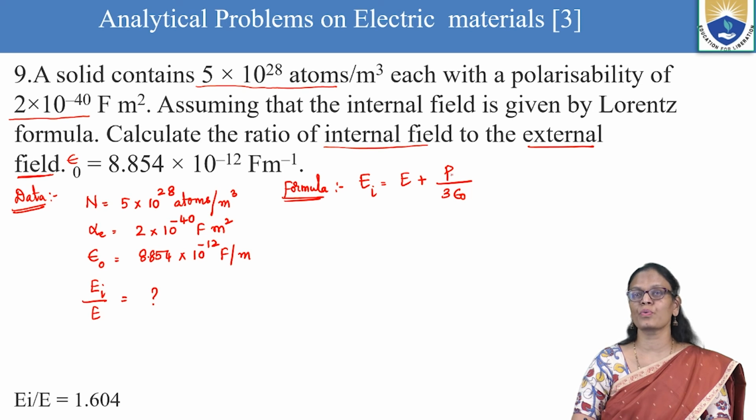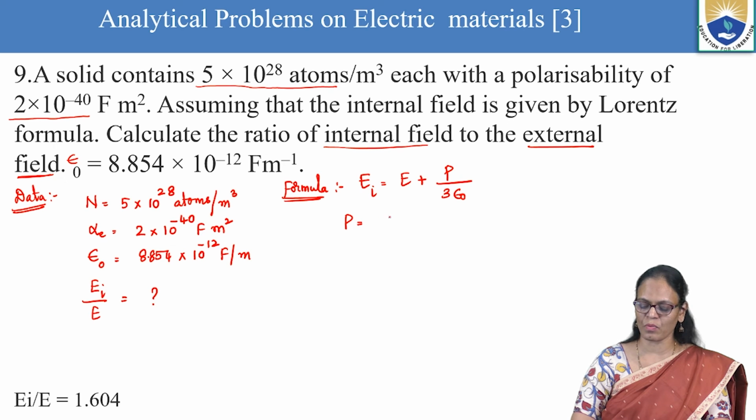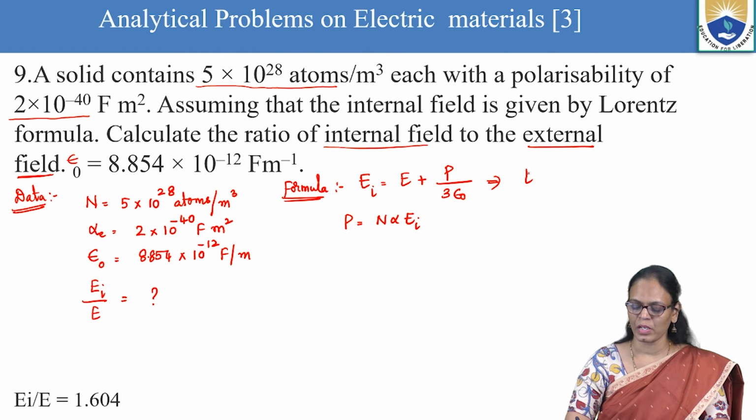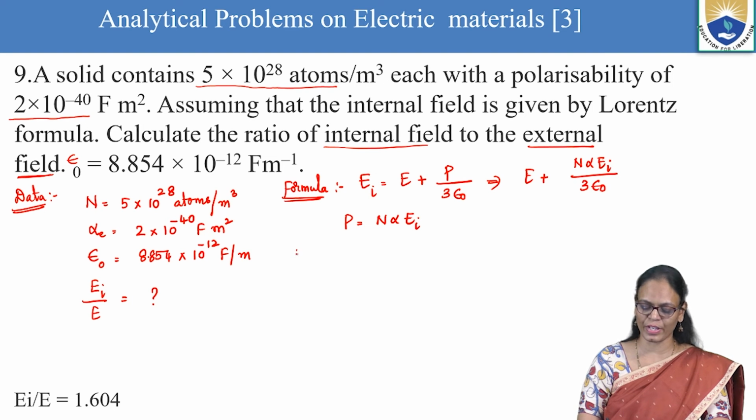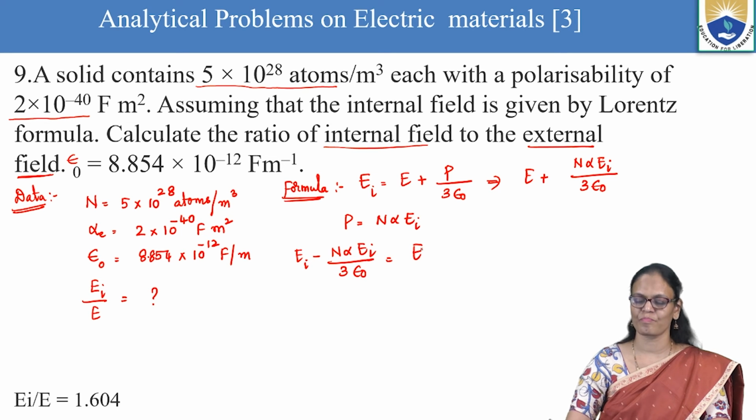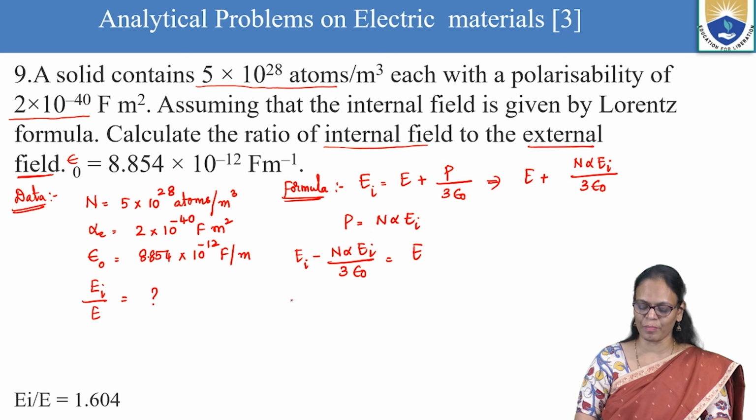So first we will substitute for P. So P is equal to N alpha EI. So this implies E plus N alpha EI upon 3 epsilon naught. So we will write the terms with EI on the left side. So what we have is EI minus N alpha EI by 3 epsilon naught is equal to E. I can take out EI common here.